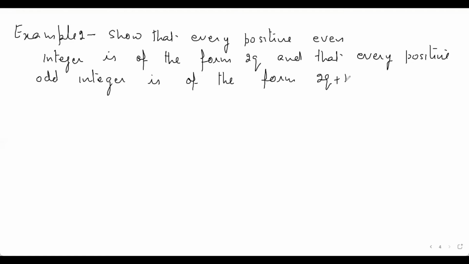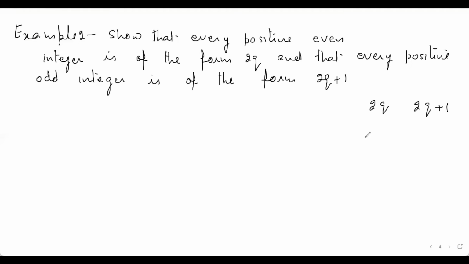First try to understand what its meaning is. When a number is even, if we divide by 2 and its remainder is 0, then it is an even number. When we divide a number by 2 and its remainder is 1, it's an odd number.